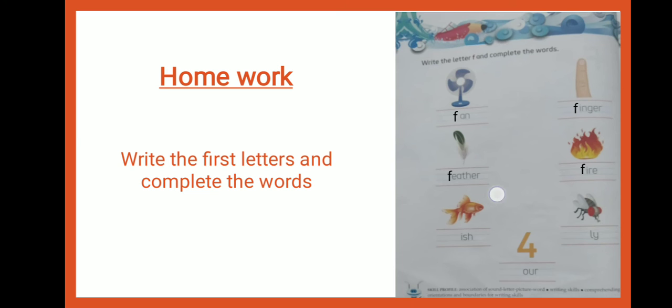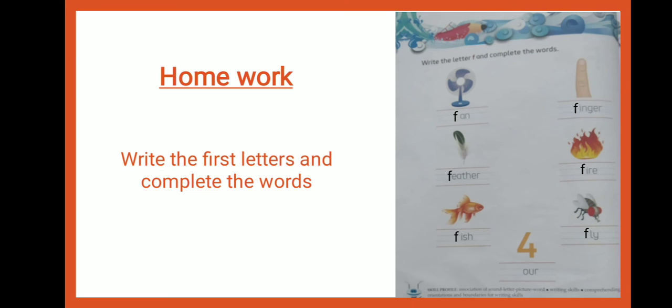What is this, kids? Yes, this is fish. And fish starts from letter F. So we will write small letter F. Now kids, this is fly, and fly starts from letter F.